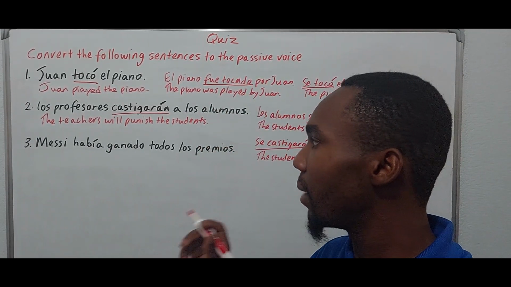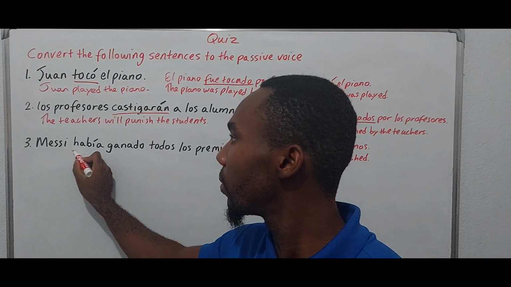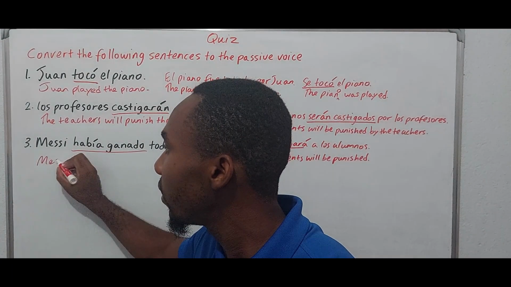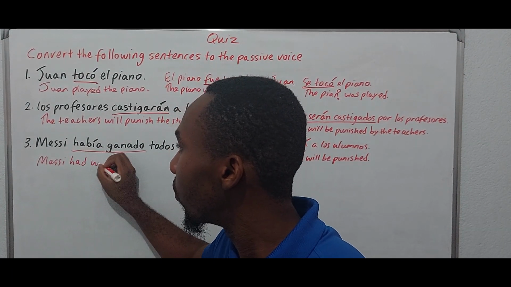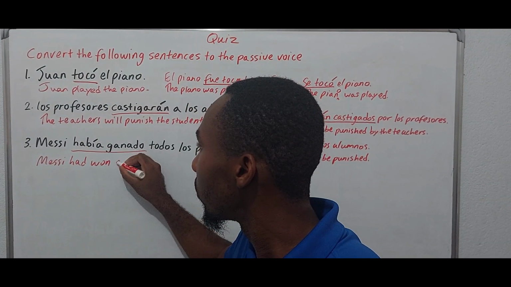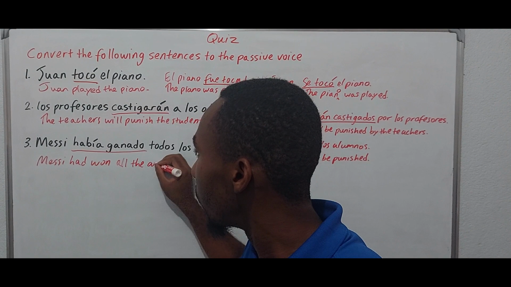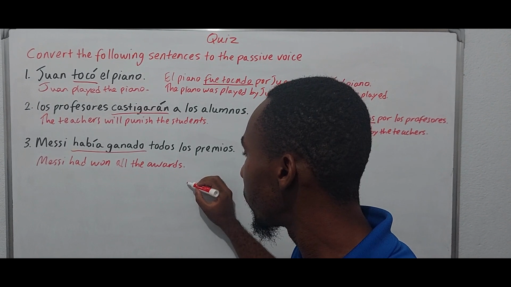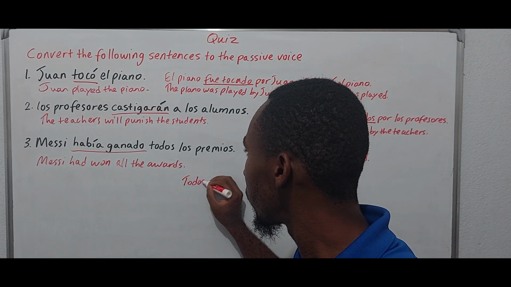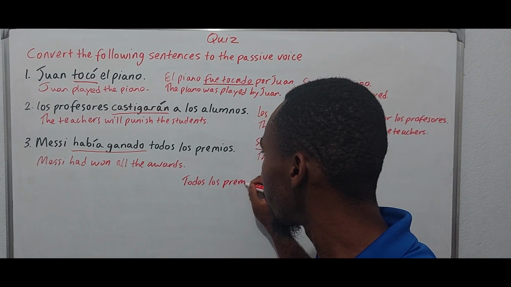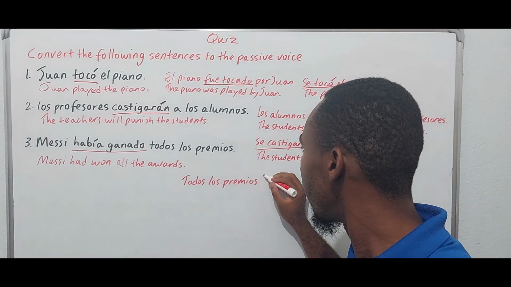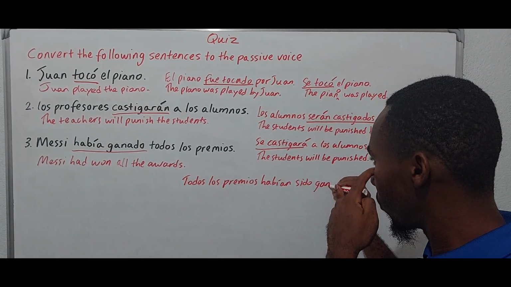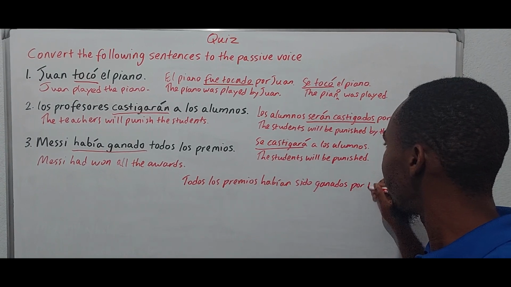Número 3. Messi había ganado todos los premios. Había ganado, that is an example of the past perfect. Messi had won all the awards. So we can have todos los premios habían sido ganados por Messi.